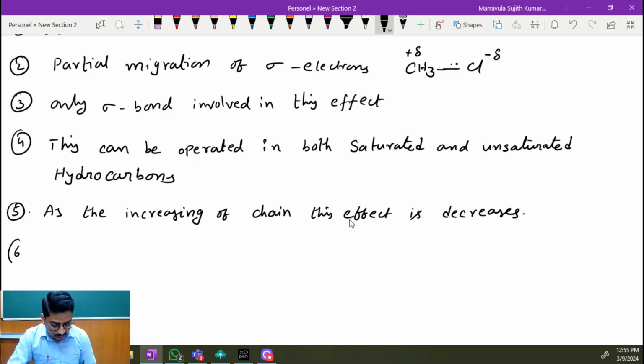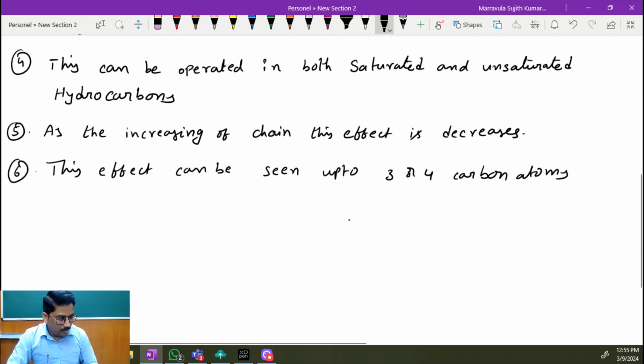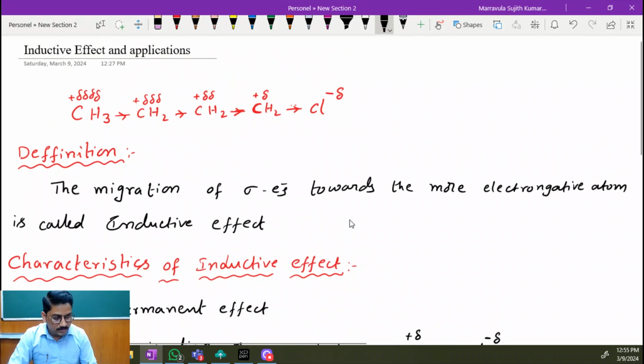That means this effect can be seen up to 3 or 4 carbon atoms only, up to 3 or 4 covalent bonds, we can say. So now what is this? I'm going to explain. Actually, in the first example only I have explained this. See, only up to 3 or 4 carbon atoms only.